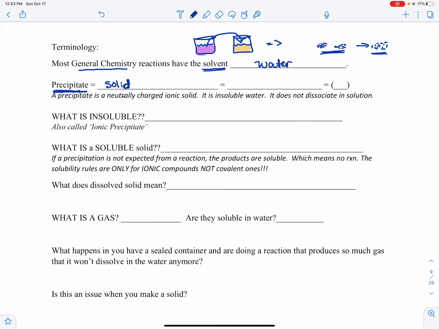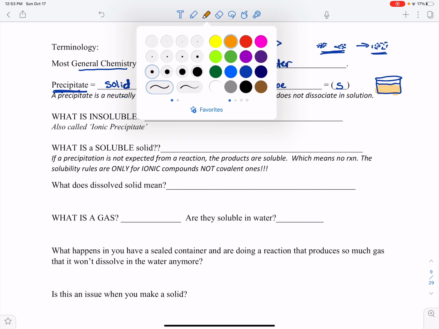The way we indicate something makes a solid is we add the little symbol on the side, right here, the S. That's how we know something makes a solid. We will also say that it is insoluble. When something's insoluble in a liquid, it's going to be like a pile.